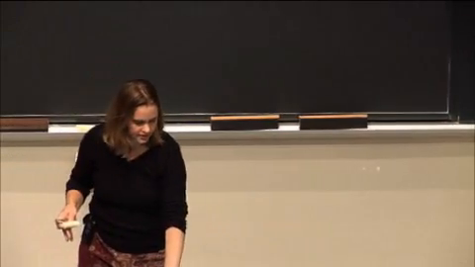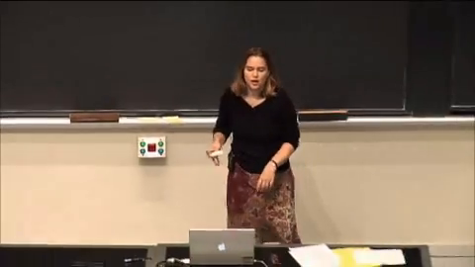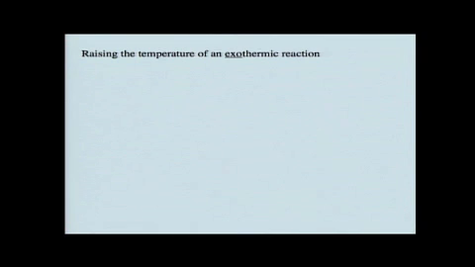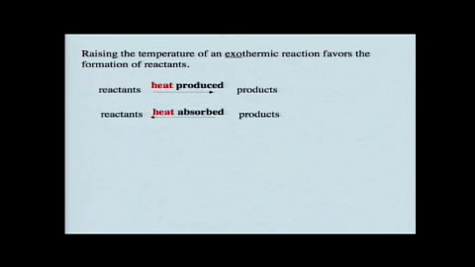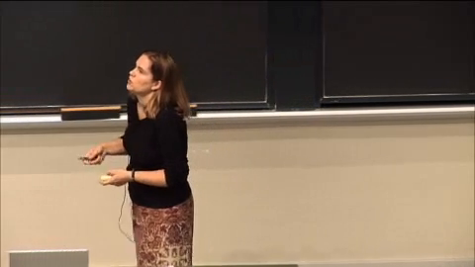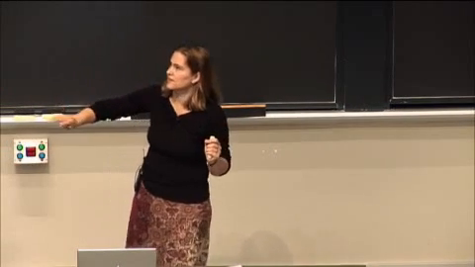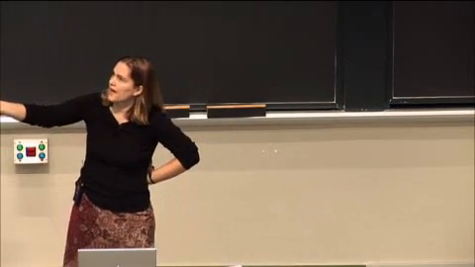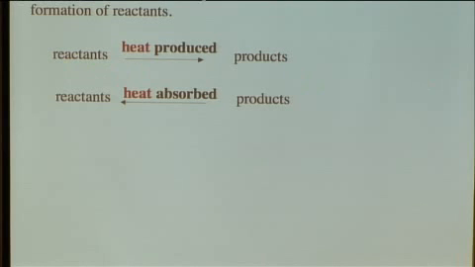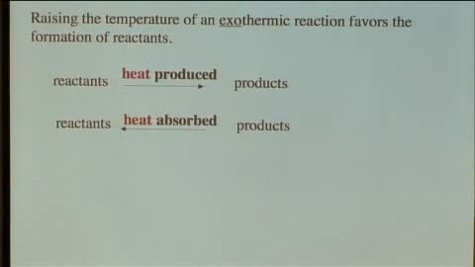So let's take a look at this. Let's think about raising the temperature of an exothermic reaction. What's going to happen here? Raising the temperature of an exothermic reaction favors the formation of reactants, which shifts toward reactants. Well, why would this be true? You can think about this very simplistically: in an exothermic reaction, you're going to be producing heat in the forward direction and absorbing heat in the reverse direction.